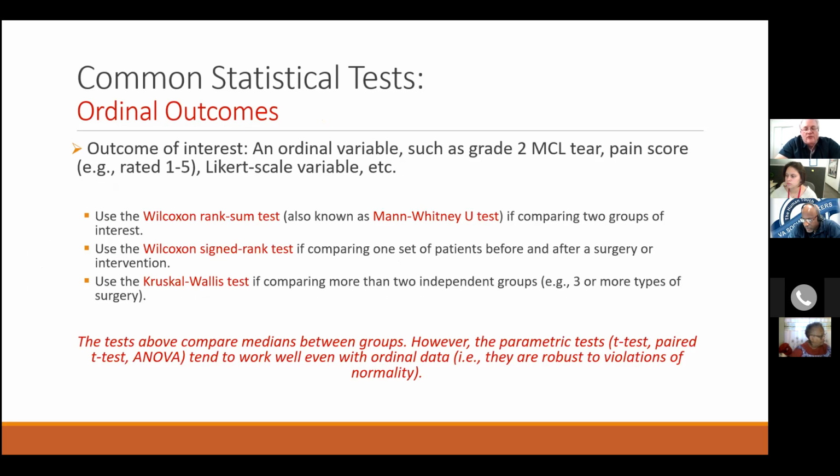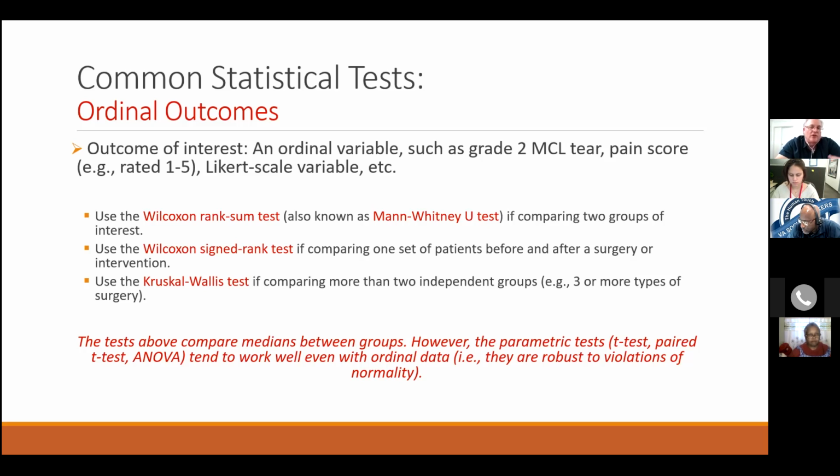If your outcome variable is not really continuous and is classically ordinal, like a grade 2 ACL tear, or a pain score that goes from 1 to 5, a Likert scale variable, for example, many times the reviewer, if you're writing this up for a paper or manuscript, is going to say, well, you really shouldn't be doing t-tests or ANOVA tests.